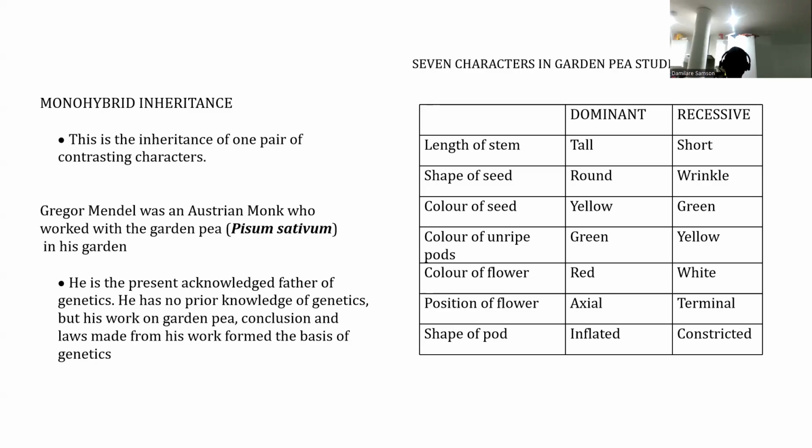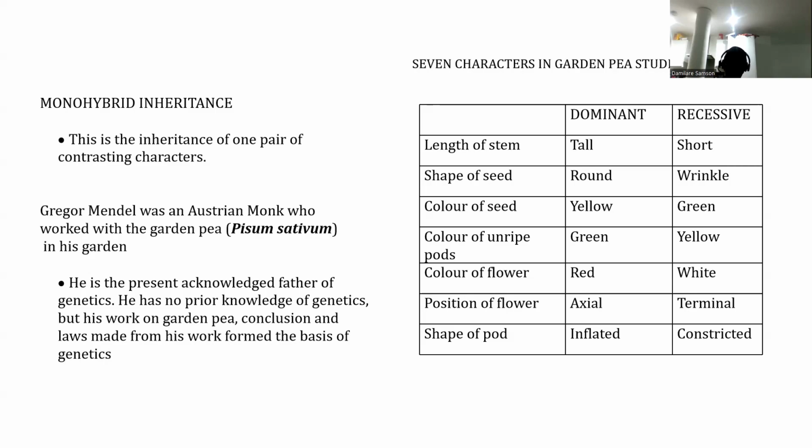We have color of unripe pod: some are green, some are yellow. We have color of flower: some are red, some are white. Position of flower: at the axial part or at the terminal part. Shape of the pod: inflated or constricted.